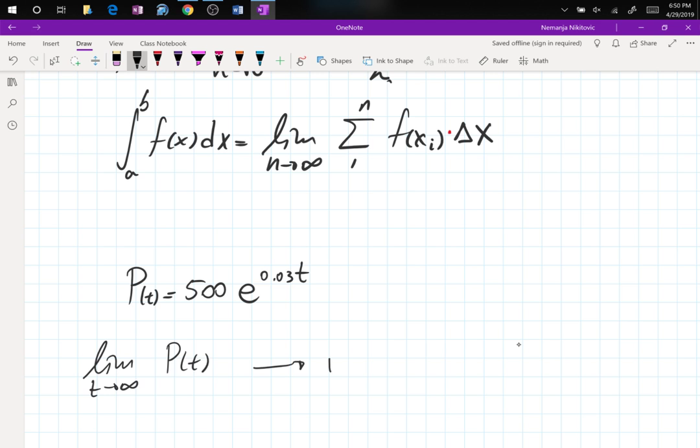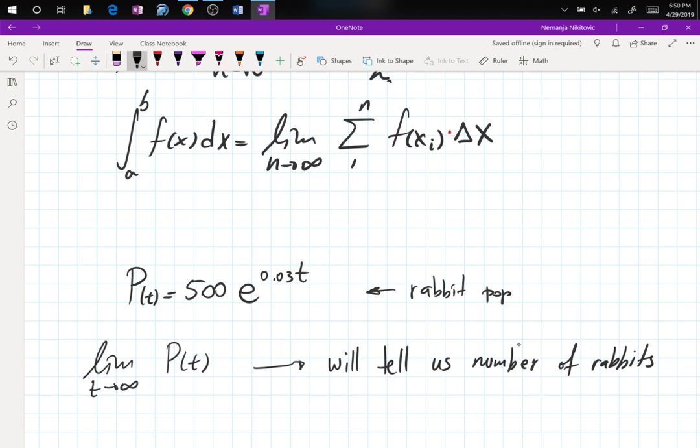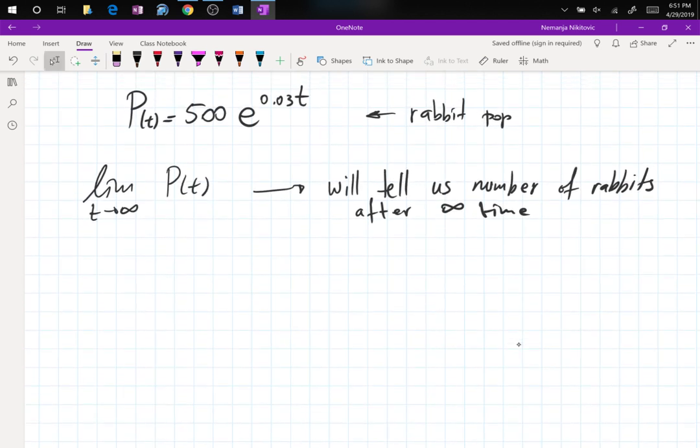So, the limit will tell us the number of rabbits. So let's say this is a rabbit population after infinite time, which in this case is infinite rabbits.